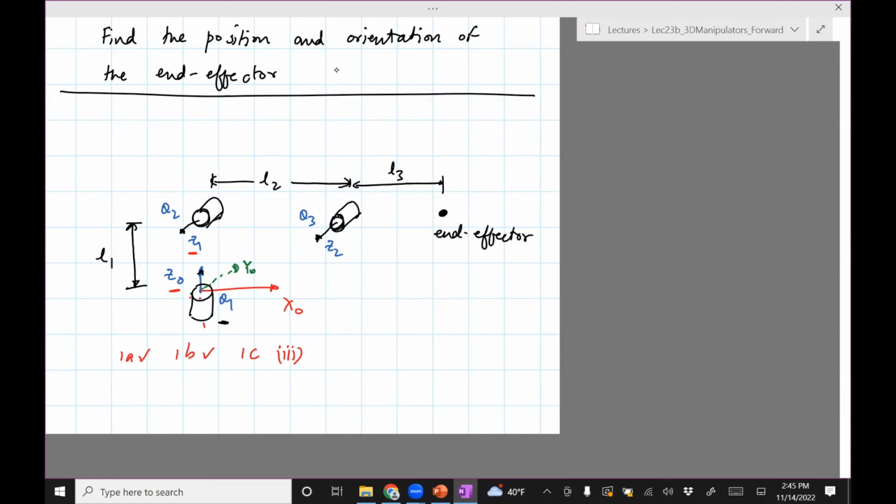So if Z0 is this way, Z1 is this way, we have pretty much two choices for x1. One of them is this way, another is this way. You can use either of them. There are only two choices.